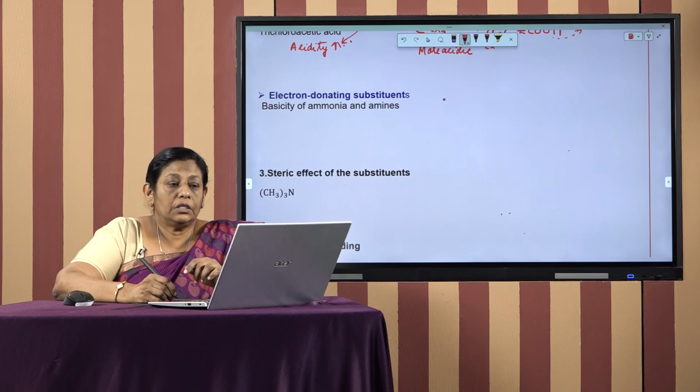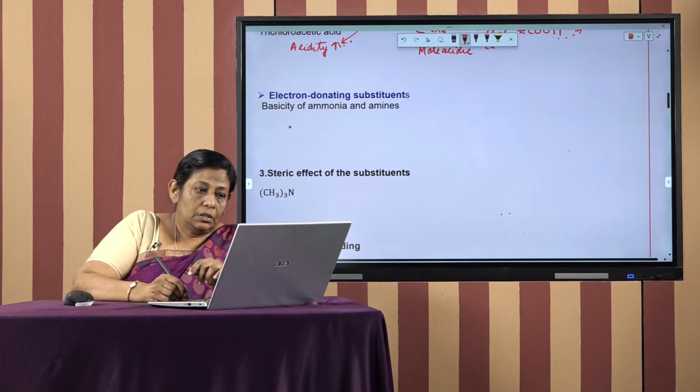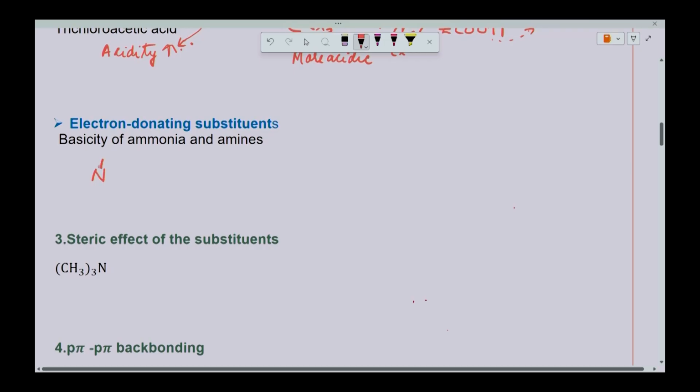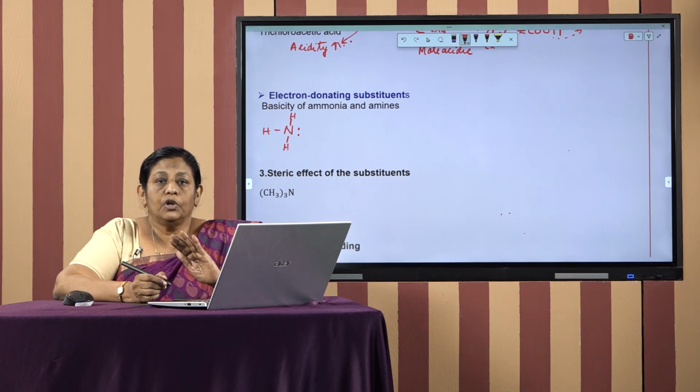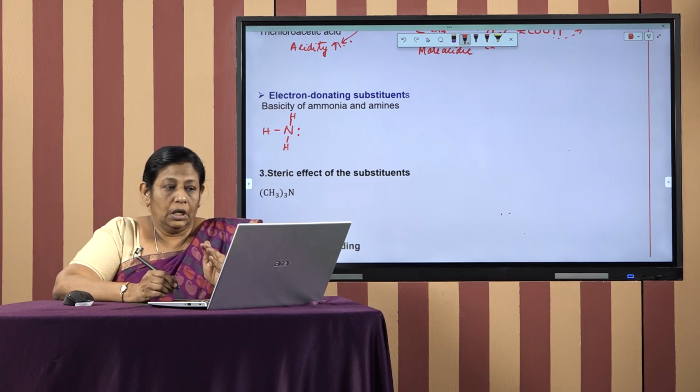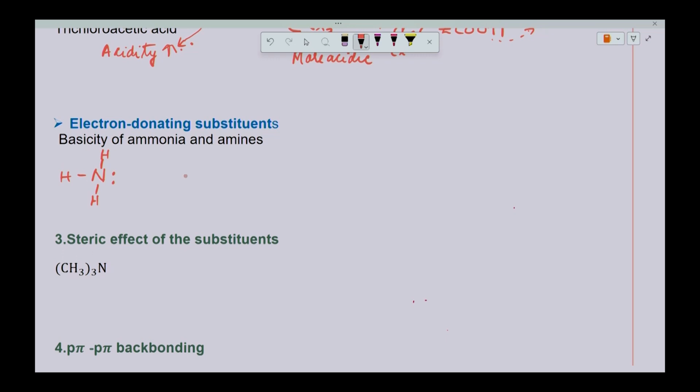We will see the basicity of ammonia and amines. Ammonia, that is nitrogen atom attached to 3 hydrogen atoms with its lone pair. Ammonia is basic, it is capable of donating its electron to someone else. Now take the case of nitrogen with one of the hydrogens substituted by a CH3 group and the other 2 being hydrogen atoms, and this is known as methylamine.